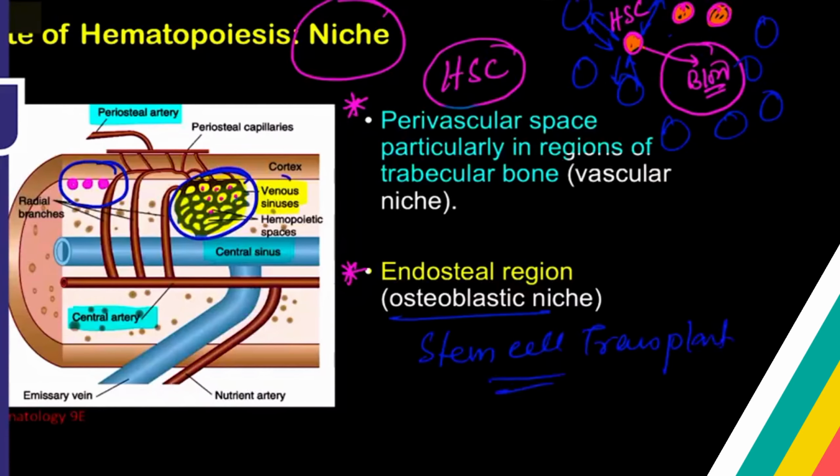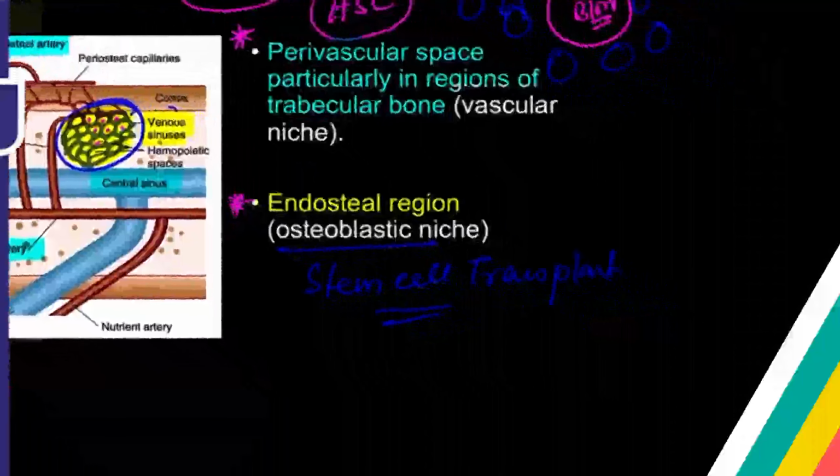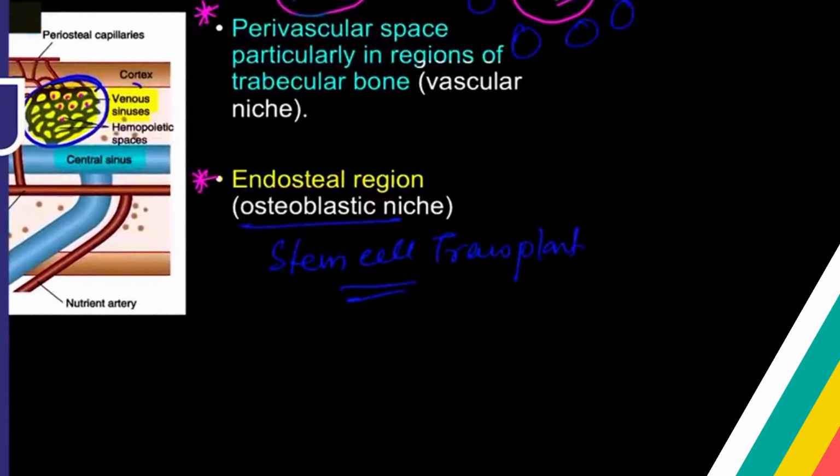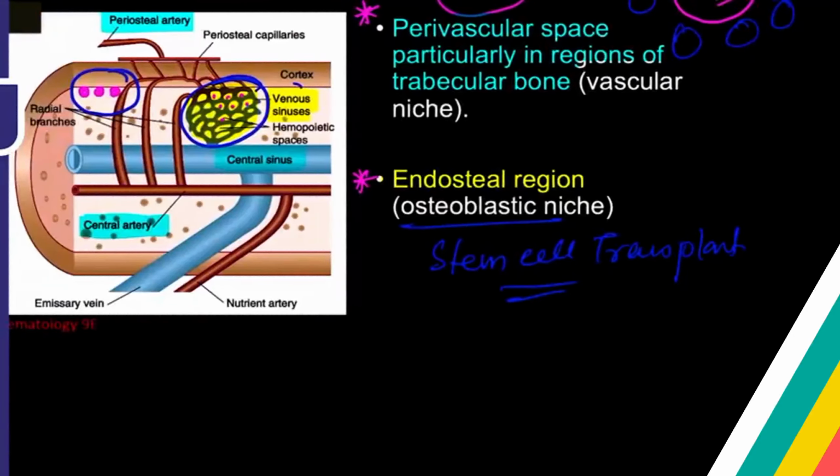You know that stem cell transplantation is commonly known as bone marrow transplantation. Whenever stem cell is transplanted, first some preconditioning regimen is given in the form of chemotherapy or radiotherapy. Chemotherapy or radiotherapy generally damages the vascular niche. The blood vessel and the endothelial cells will be damaged.